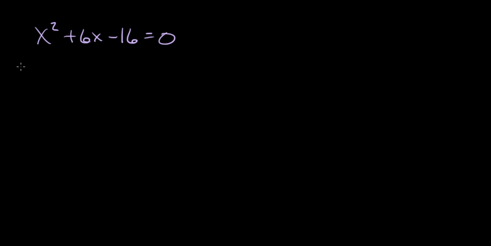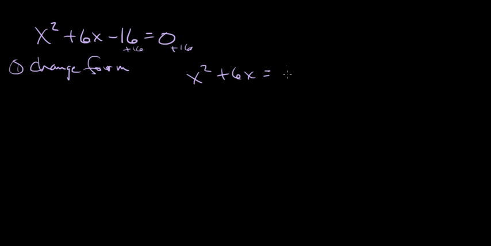First thing I do is change the form into something I can use completing the square on. That means I'm going to add 16 to both sides, and I get x squared plus 6x equals 16. The reason I did that is I want these first two terms on the left.